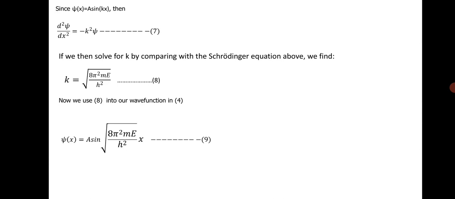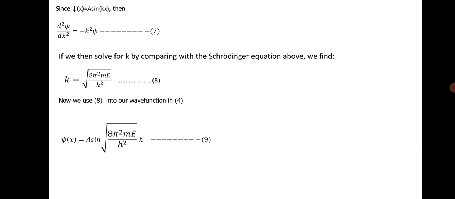So therefore obviously k square is equal to 8 pi square mE by h square, or k is equal to the square root of 8 pi square mE by h square. So this is by equation 7 and the Schrodinger equation.